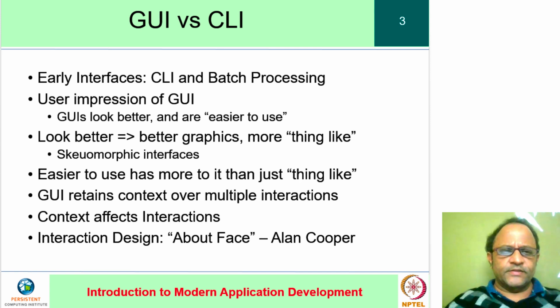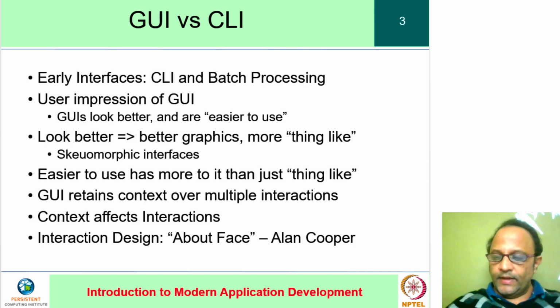Doesn't seem like it necessarily to me. This idea is sometimes called skeuomorphism, the idea that you are mimicking things in the real world and using them as interfaces to things that are not real on the computer. So that is one sense in which graphical user interfaces are easier.